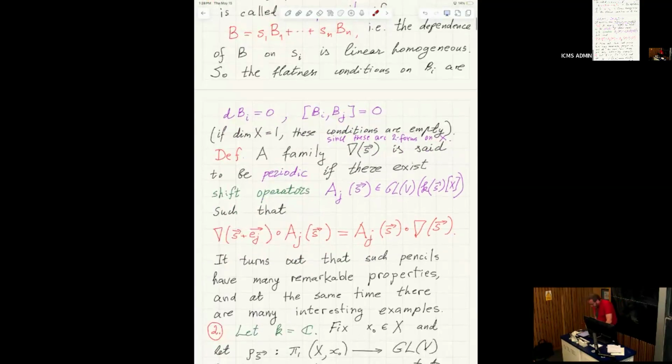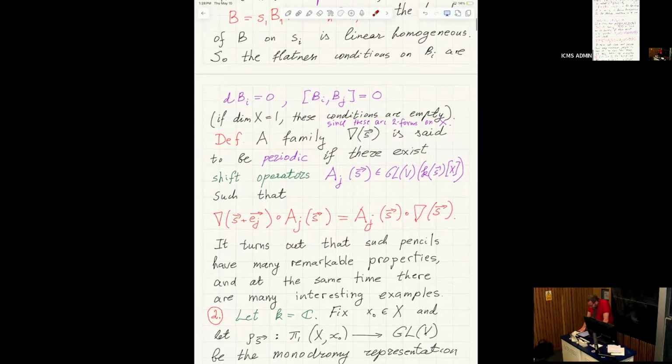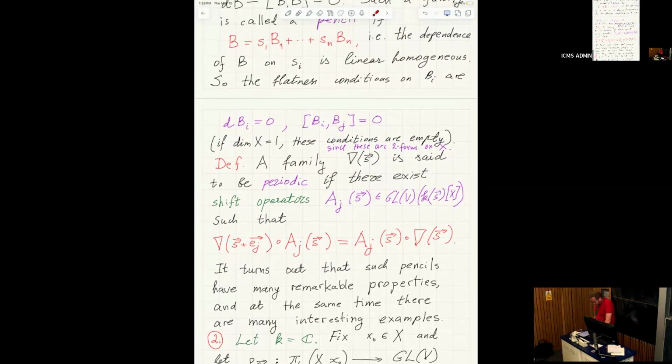And the condition is that this A_j of S should intertwine the connection nabla of S and the connection nabla of S plus e_j, which means that I shift the j-th variable by one and keep all others fixed, like here. And it turns out that such pencils have some remarkable properties.